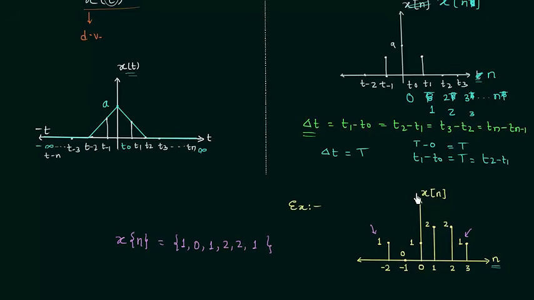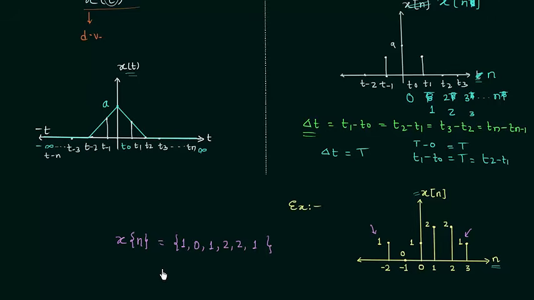All these are the values of signal x[n], and there is no information about the integer n. If I ask you to plot the discrete time signal using this information, you cannot plot it correctly. You know 1, 0, 1, 2, 2, 1 are the amplitudes of the signal, but you don't know at what n 1 is the amplitude, at what n 0 is the amplitude.